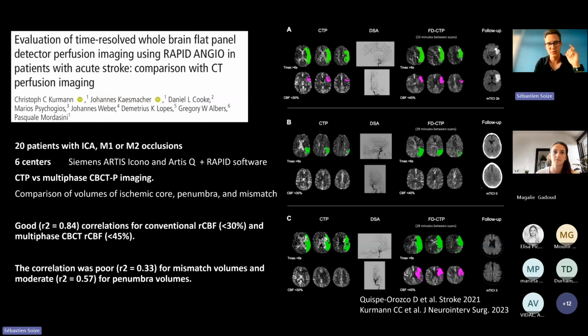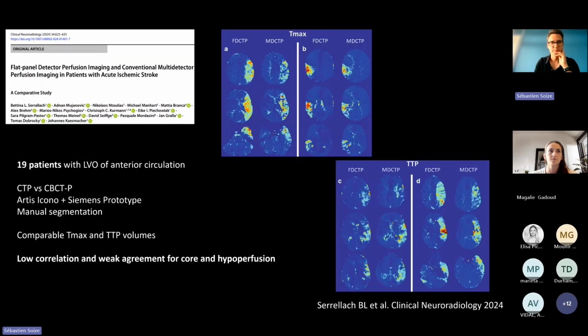Otherwise, there's too much discrepancy. But the correlation was still poor for mismatch volume. 0.33 is really low, and moderate for penumbra volumes. So at that time, there was still some work to do to improve the correlation between CTP and CBCT perfusion.